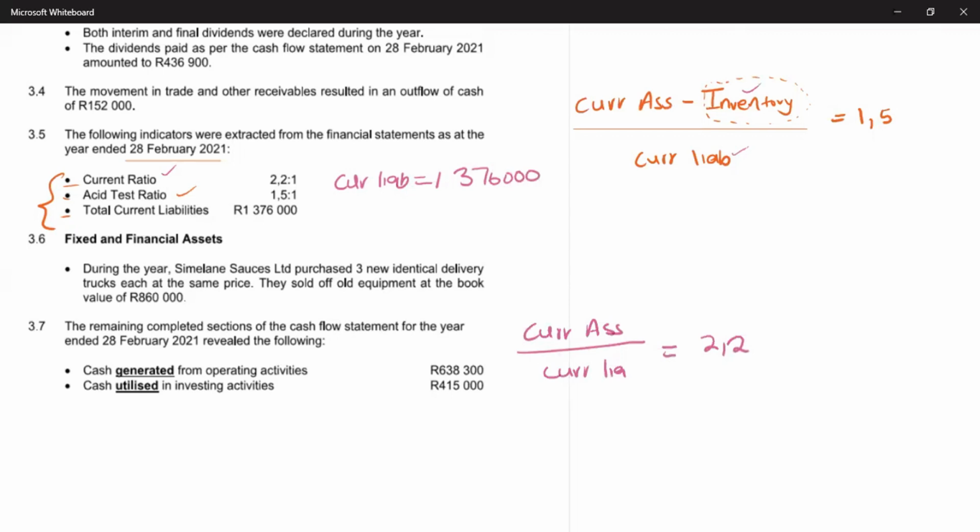So our current assets X, which is what we are looking for, over our current liabilities, which amounted to 1,376,000, is equal to 2,2. So multiplying both sides by 1,376,000, my X is going to be equal to 1,376,000 multiplied by 2,2. My current assets would amount to 3,027,200. These are my current assets.